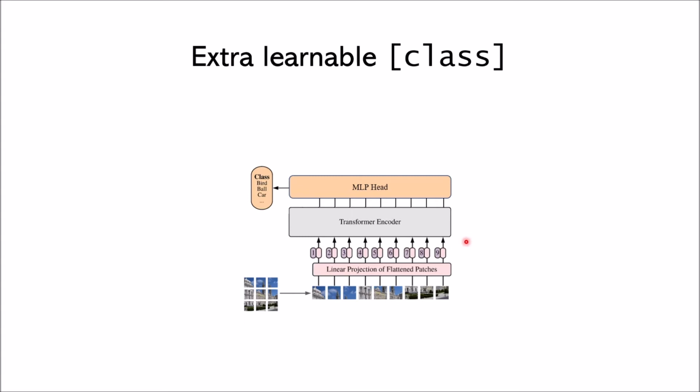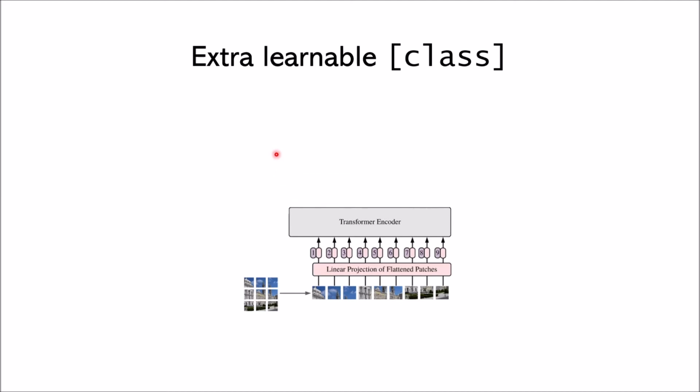So the first approach is we can use all of the outputs and input them to the MLP head and do the classification. But this is not a good idea, because then we have to fix the number of patches, which translates to fixing the input image resolution, which is not really a good way to solve this.